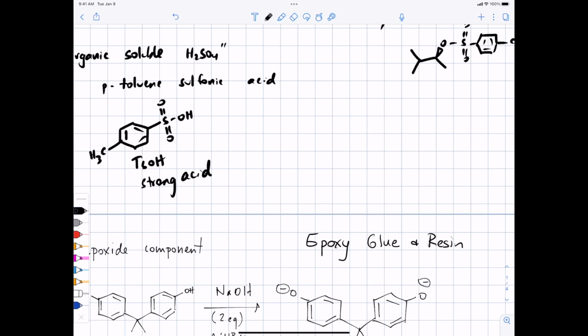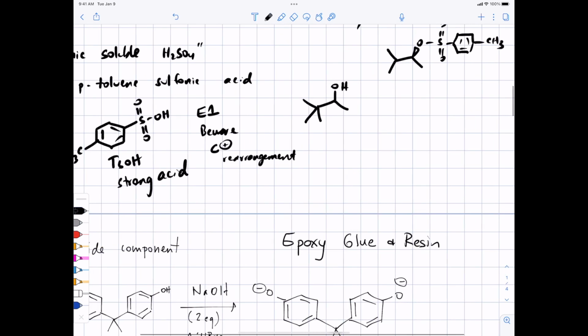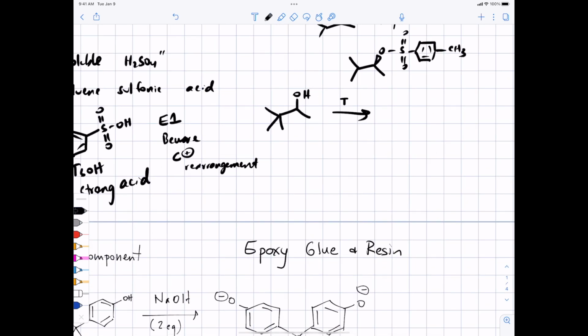with TSOH, but again, the mechanism is very E1, so you must beware the evil carbocation rearrangement. Well, it's not necessarily evil, but the possibility of it. So if you wanted to eliminate this alcohol and you used para-toluene sulfonic acid, you're going to generate first a carbocationic intermediate.